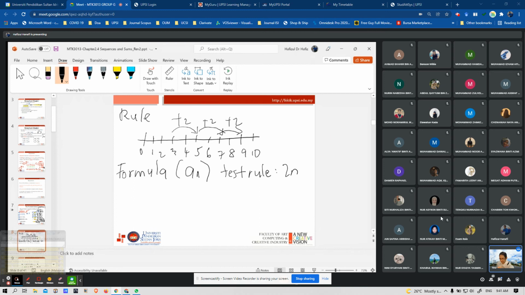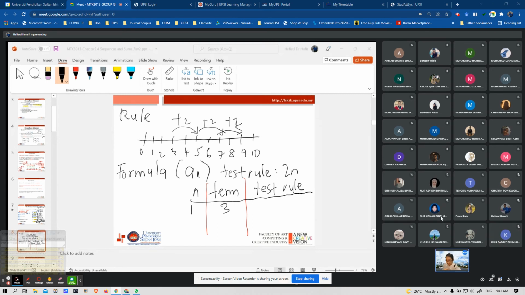Okay, and then we have n, and then we have the term, and then we have the test rule. Here we have n equal to 1, the term is 3.